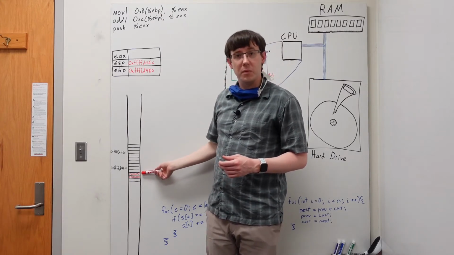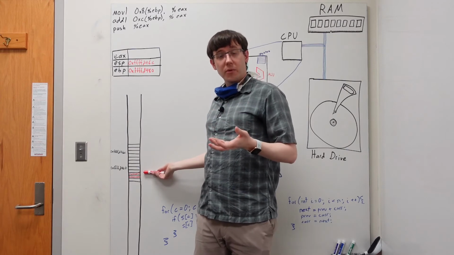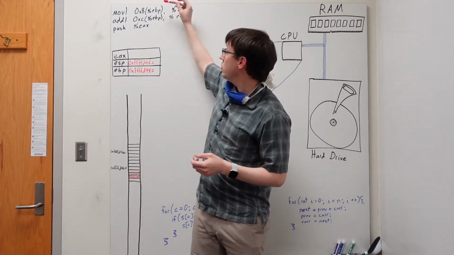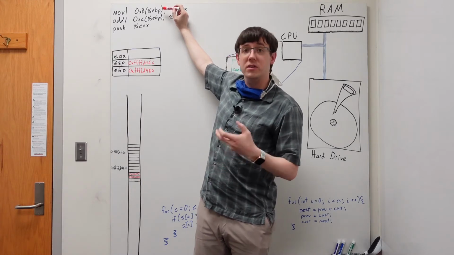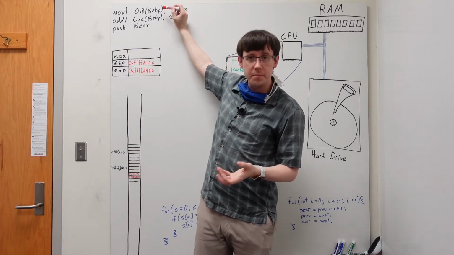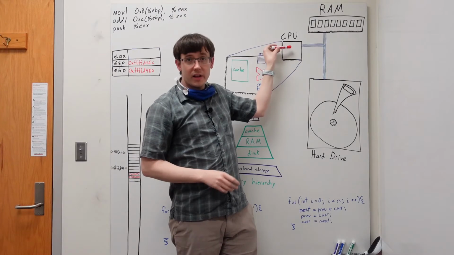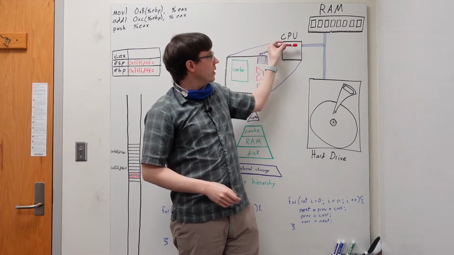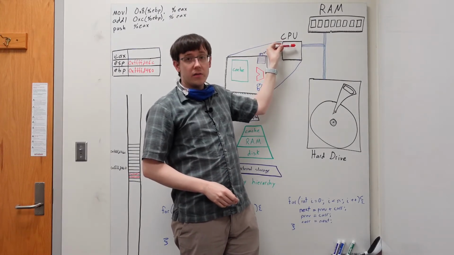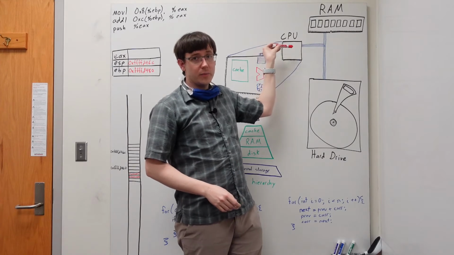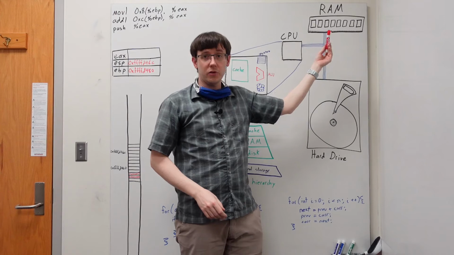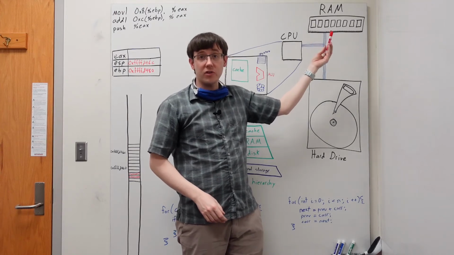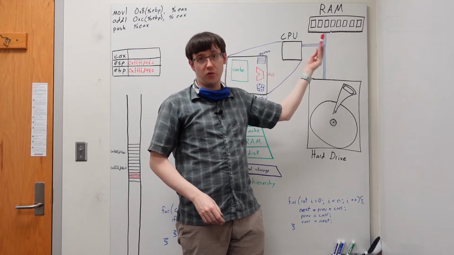To carry out this operation, the CPU has to perform the arithmetic to figure out what address it is requesting data from, and once it has calculated that address, it will send on the wires that connect the CPU to the RAM the address of the data that it's looking for and an indication that it wants to read from that address.